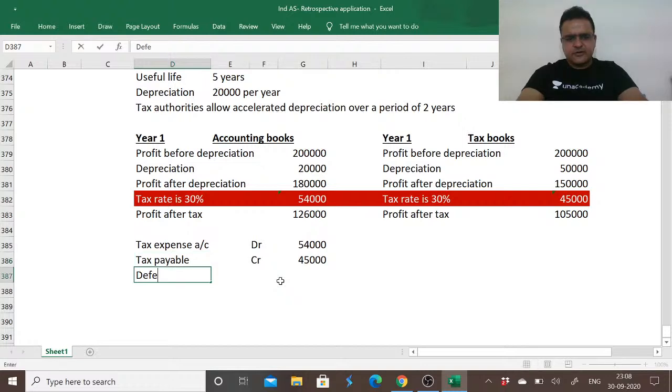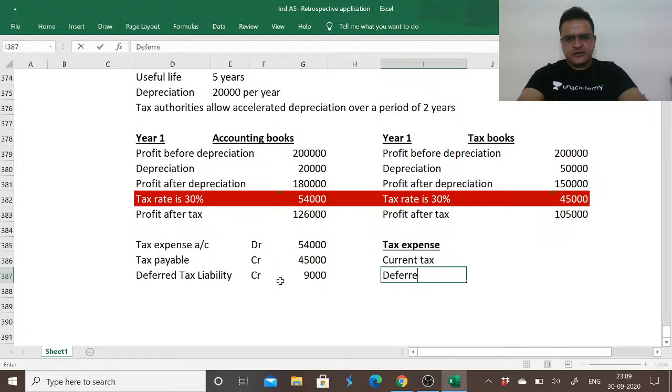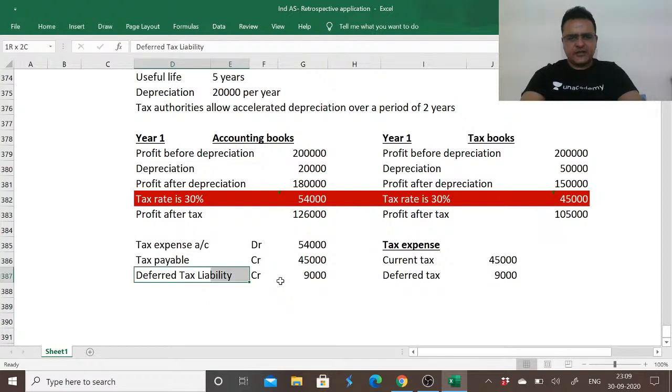So we record a deferred tax liability, a credit of the difference of 9,000. So the tax expense in the income statement is a combination of both current tax and deferred tax expense: current tax 45,000, deferred tax 9,000. In the balance sheet, there is a deferred tax liability balance of 9,000.